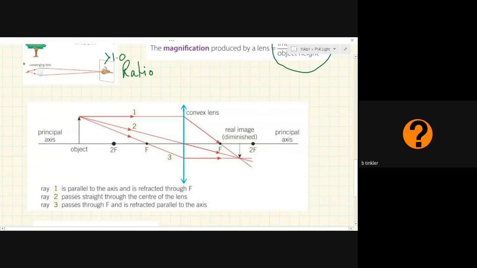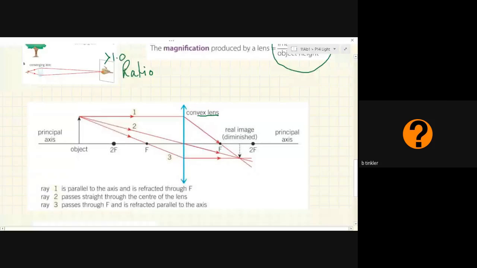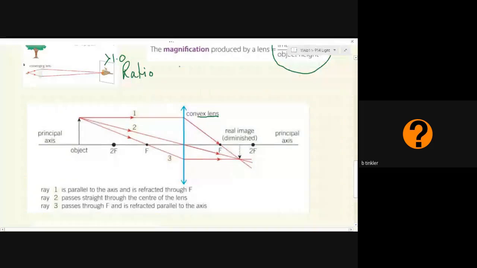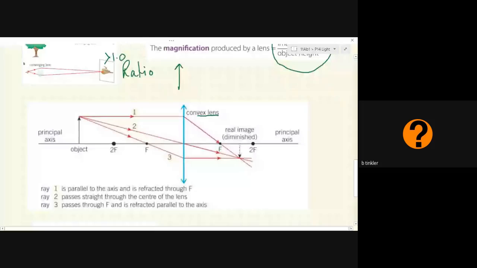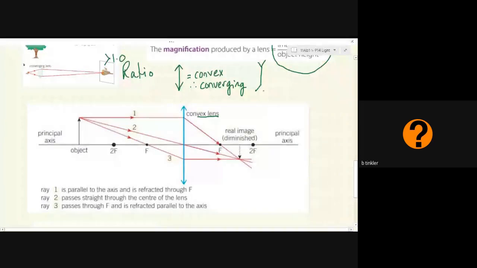Notice that the lens has been replaced by a single line, and these two little arrows on the end tell you that this is a convex lens, and therefore is converging. It will bring light to a point.